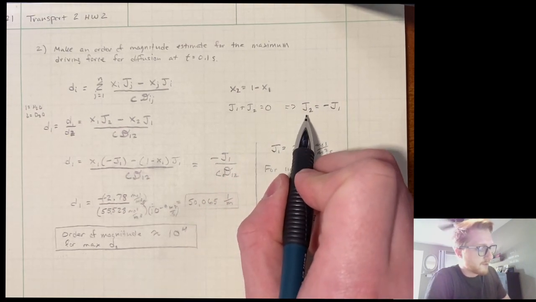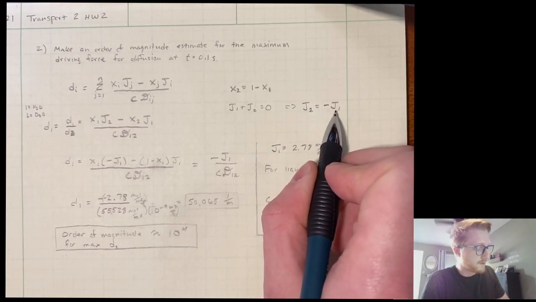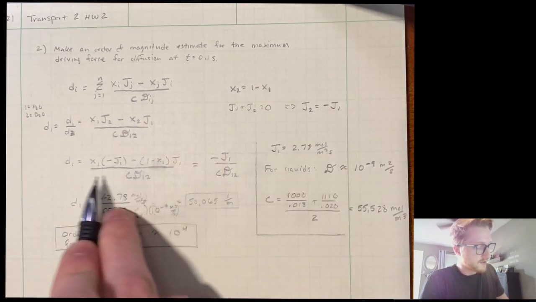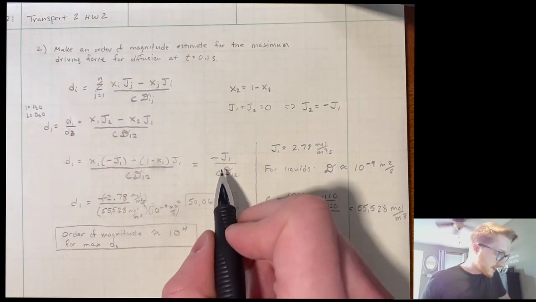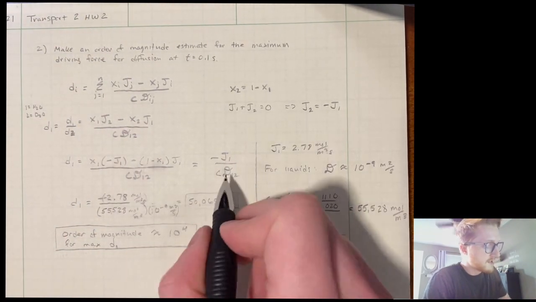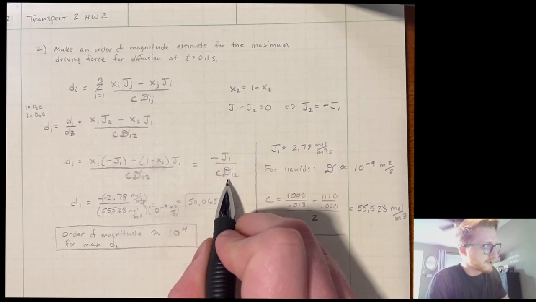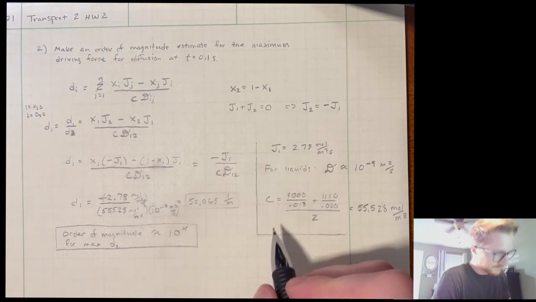Therefore, the molar diffusive flux of 2 is equal to the negative molar diffusive flux of 1. If we plug all of this into this equation and simplify, we end up getting the negative molar diffusive flux of 1 divided by the molar concentration times the Stefan-Maxwell diffusivity coefficient of 1 to 2.